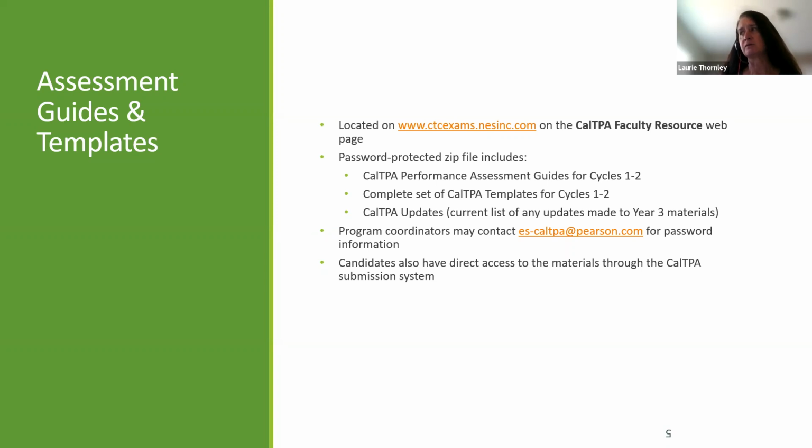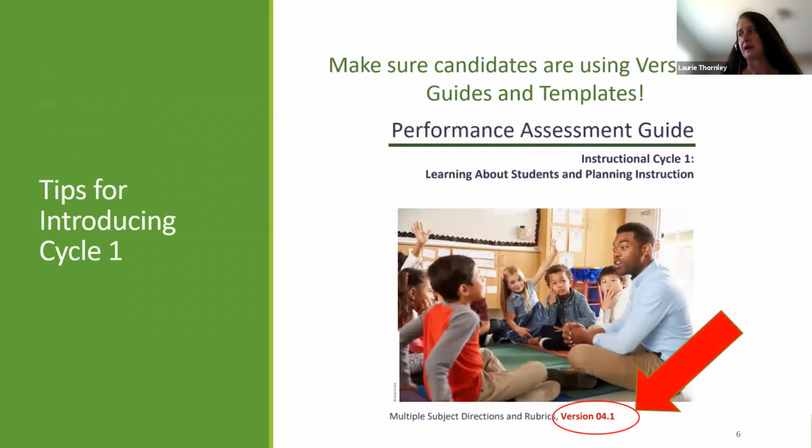Those materials were revised recently on September 10th, and the latest and greatest versions are available there. We'll want to make sure that we're using the most up-to-date materials with our candidates. You can tell if you're using the latest version, it should read version 4.1 for the CalTPA Cycle 1 assessment guide.